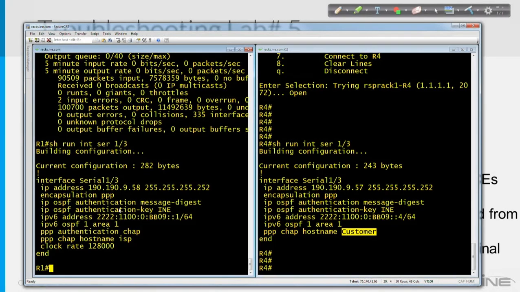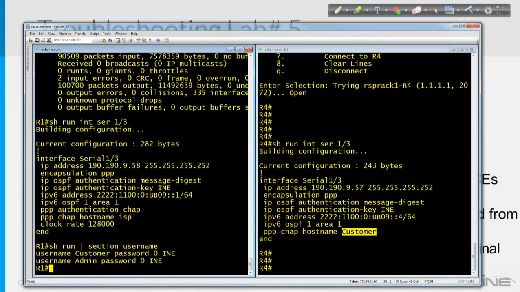Okay, so let's check and see if our username and password is correct. Show run section username. Okay, so we've got username customer and customer match up. Password INE. Okay, that looks good.